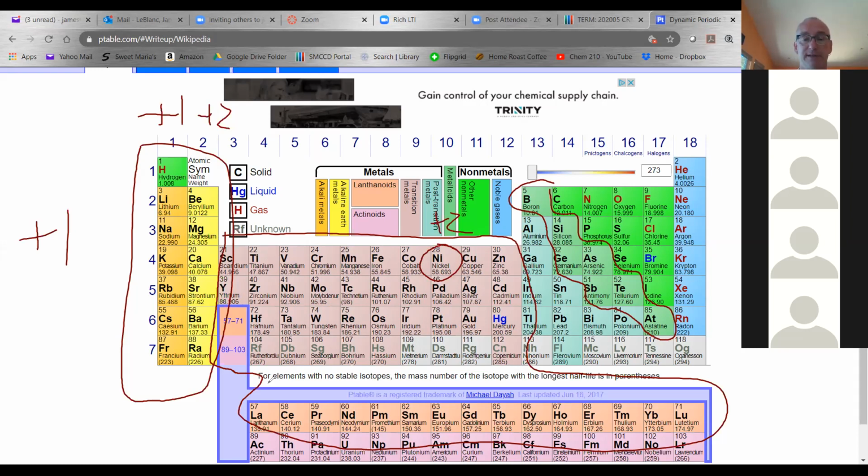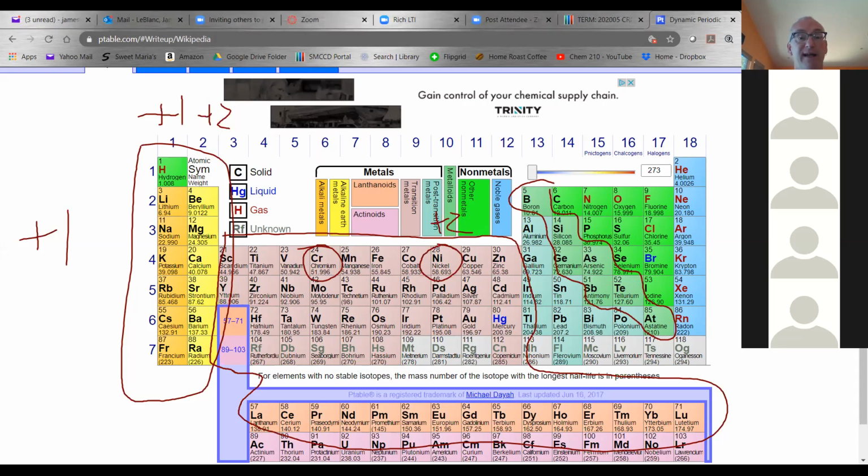And there are certain elements like, where are we? Where's chromium? Chromium can have a whole lot of different charges, anywhere from like +1 to +6.